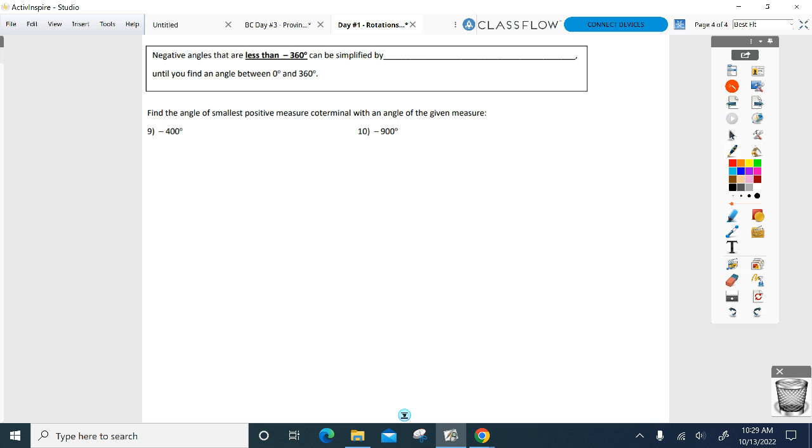All right, how about negative angles? How can I simplify them? So number 9, negative 400. By adding 360. For the smallest positive measure, add 360 until I get a positive one.